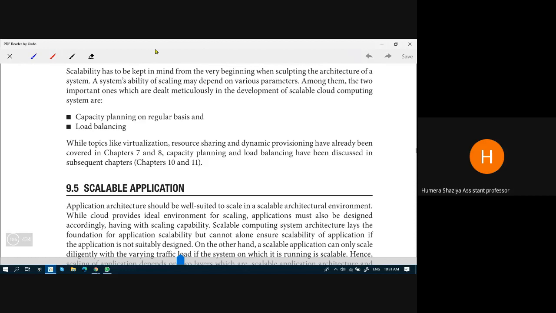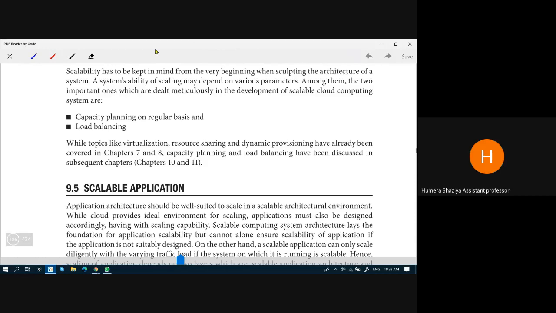In future chapters, we will be studying in detail about capacity planning and load balancing. But these are also the two important decisions that need to be made by the cloud. Also, these are the factors that affect your auto scaling.